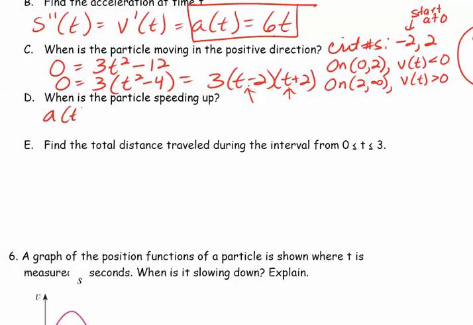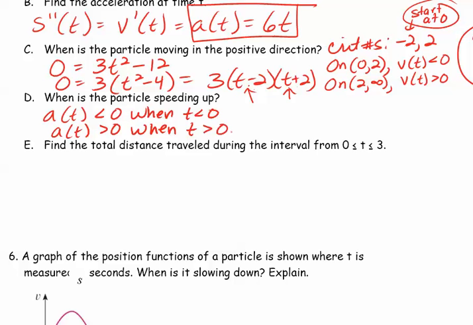So a of t is less than 0 only if t is less than 0. But here, remember, we're not interested in negative numbers. Remember that we're starting at time 0. So a of t is greater than 0 the entire time that t is greater than 0. So acceleration is always positive.